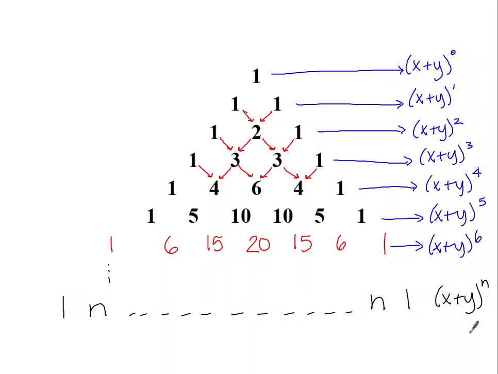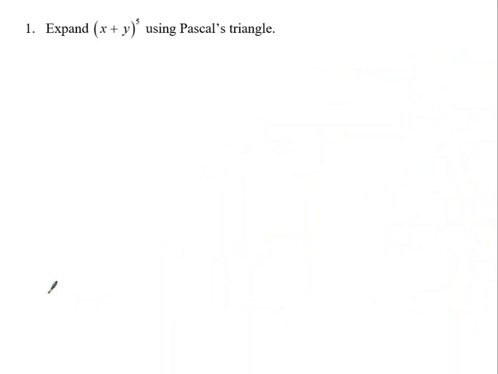So let's take a look at how we can use this. If we want to expand x plus y to the 5th power using Pascal's triangle, that'll be much faster than having to multiply out x plus y times x plus y times x plus y times x plus y times x plus y by hand.